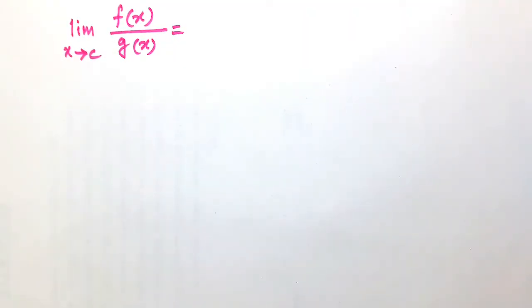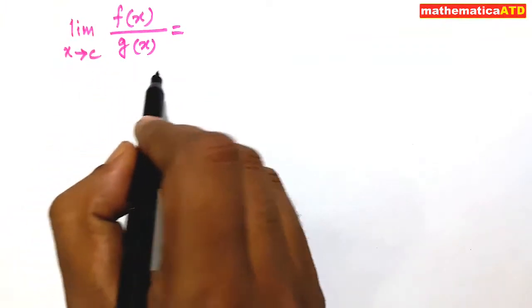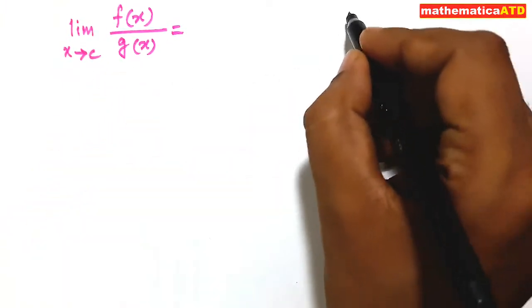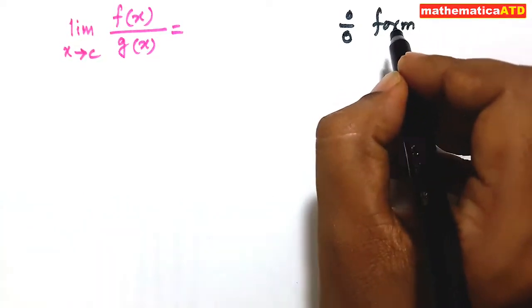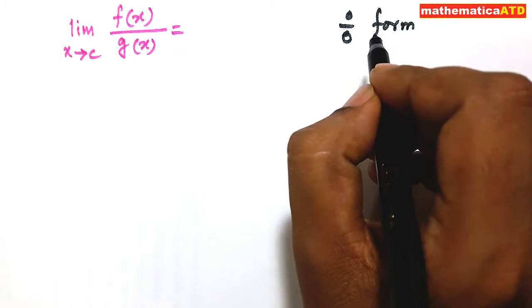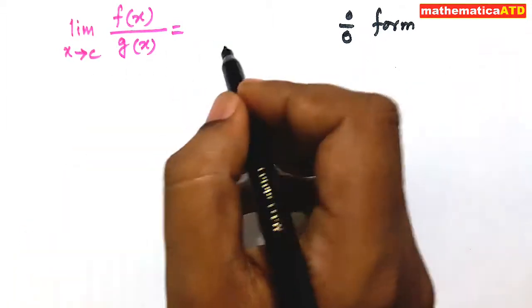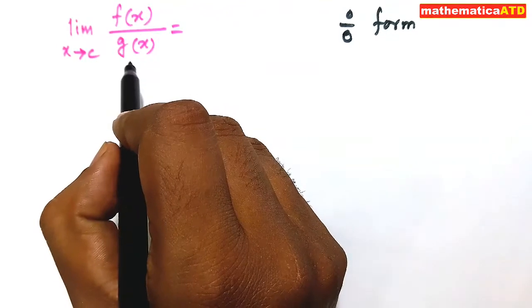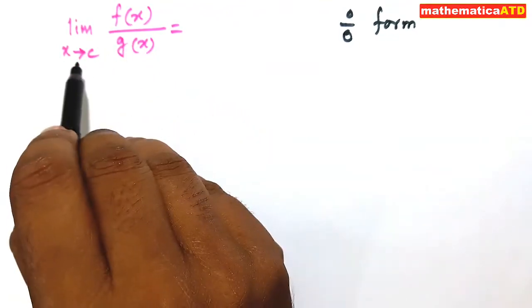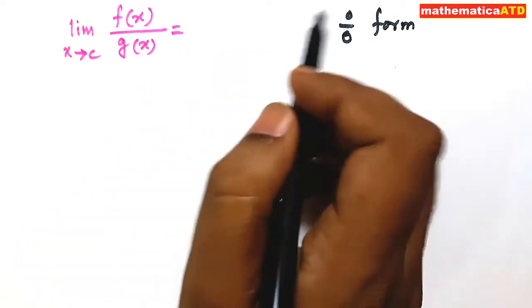Friends, in the special case, let the limit as x tends to c of f(x) by g(x) take the 0 by 0 form. Since many common functions have continuous derivatives, as for example polynomials, sine, cosine, exponential and logarithmic functions, let us consider the functions f(x) and g(x) continuously differentiable at the point c, where a finite limit is found after the first derivative.